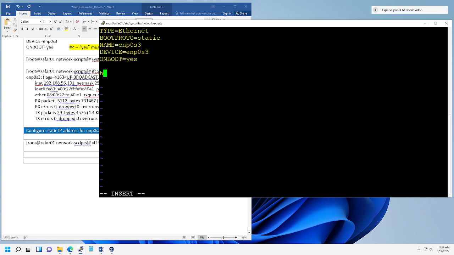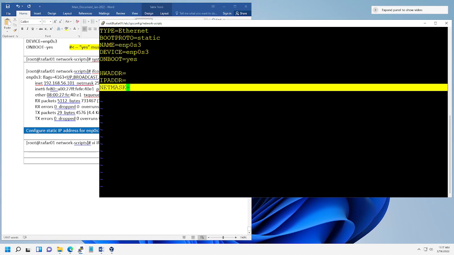I'm going to add HWADDR, hardware address, equals, which I'll leave blank for now. Then IPADDR equals, and NETMASK equals. Now I need these three pieces of information: hardware address, IP address, and netmask.